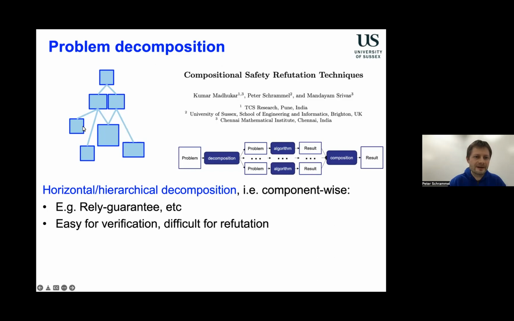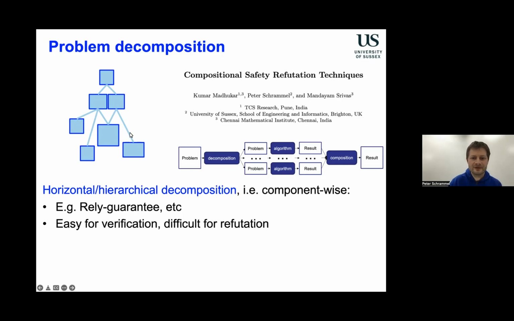You look at a component, prove that this component satisfies its specified contract, and then you use these results in proving the contract of the component that uses these other components. This is what we usually do for verification.